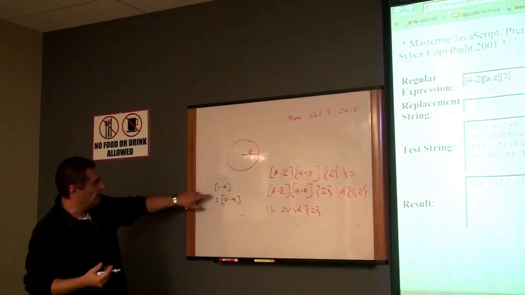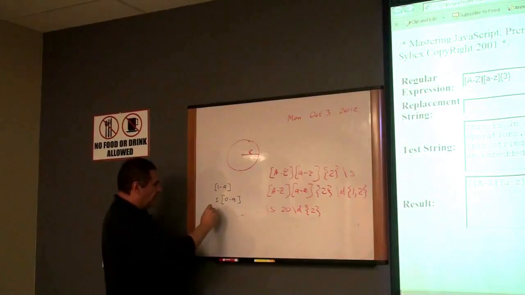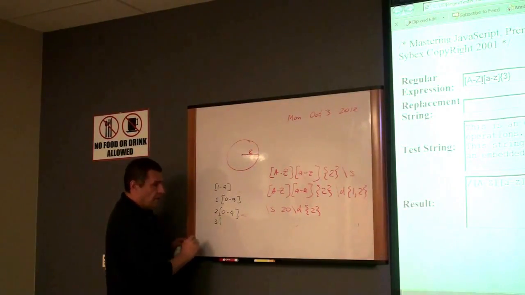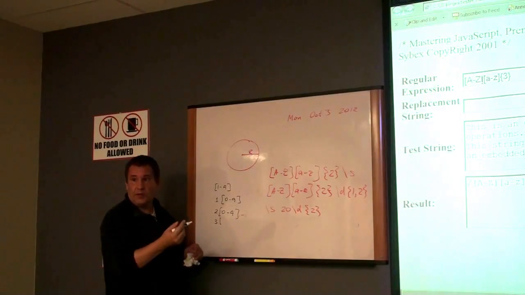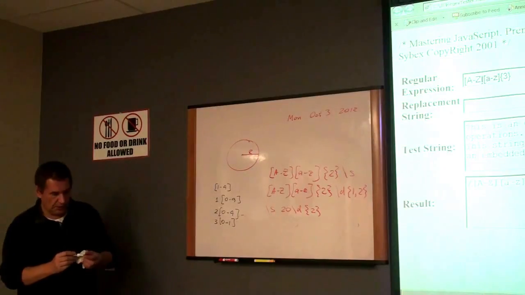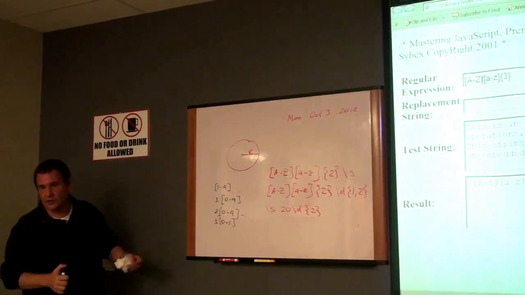Either this one, or if it's 2, you can always have any digit from 0 to 9. But if it's 3, you have only two possibilities, 0 or 1. So you have to combine these 4 test cases.